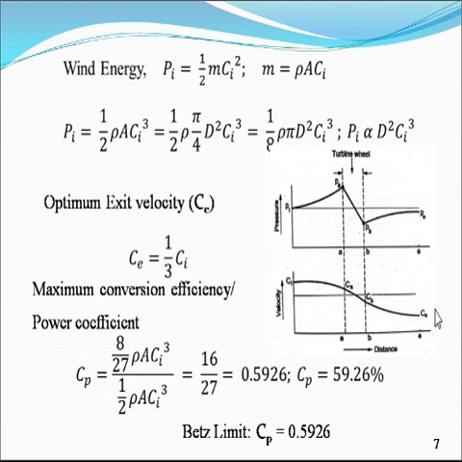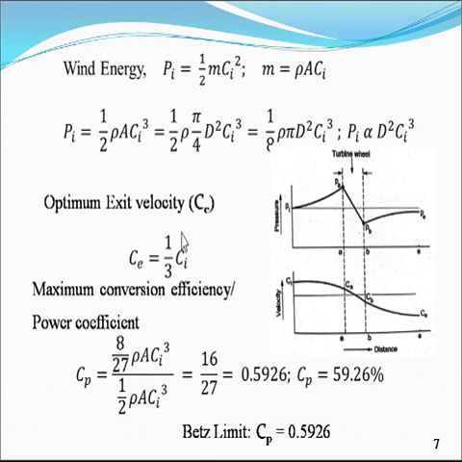Now there should be a certain optimum value of exit velocity for which the wind power generated is maximum. So the optimum exit velocity for the wind rotor is 1/3 of Ci, and for this condition the power output is maximum.